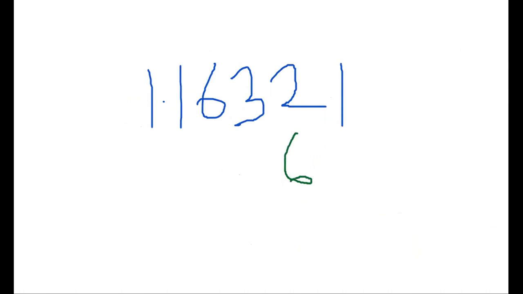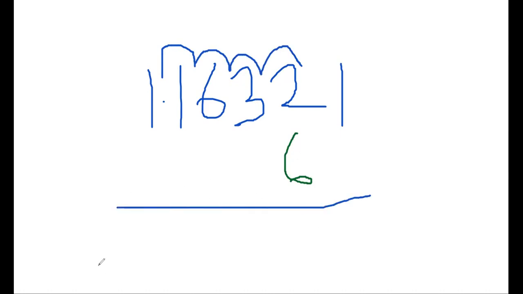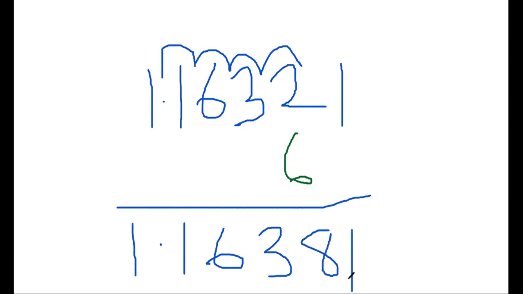Mathematically, the fourth value is 1, 2, 3, 4. So this fourth value, which I add to, we make this 1.16381. So that is how you add up pips.